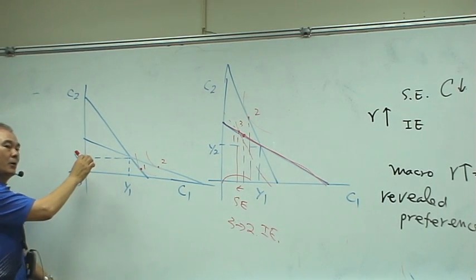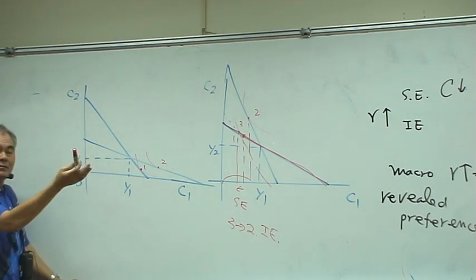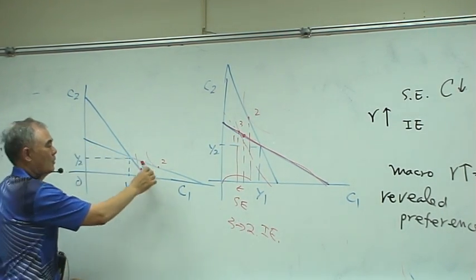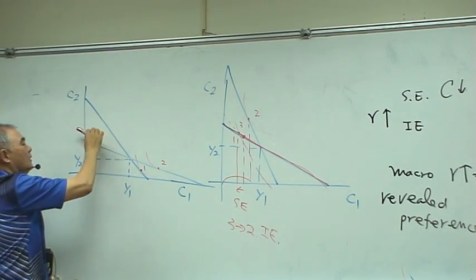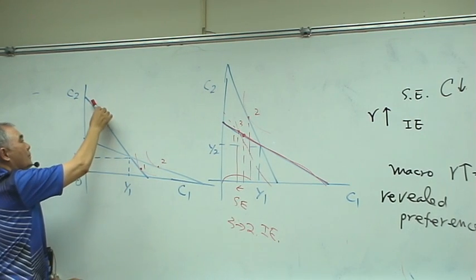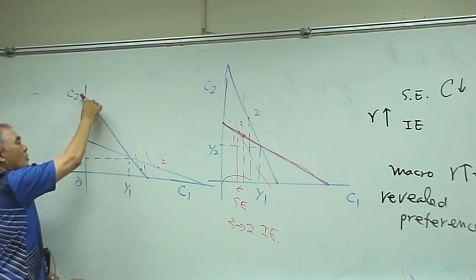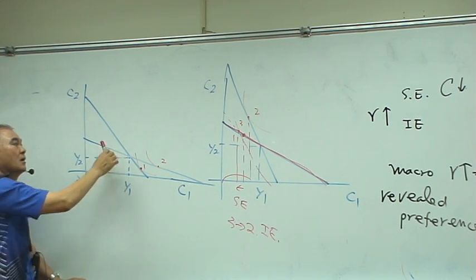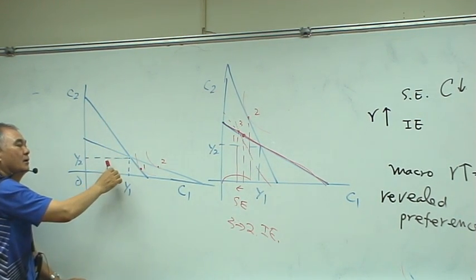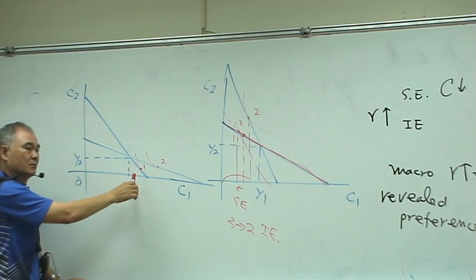So now, the budget line, the price, the interest rate changes to this one, right? So what does that mean? That means in this case, when the budget line is like this, your choice is here. So everything below is not good, right?